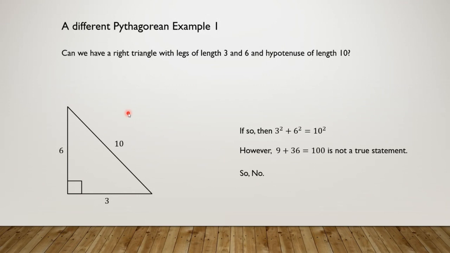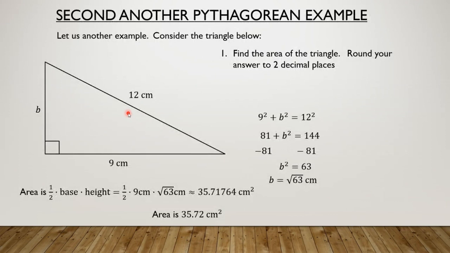Can you go back? I'm sorry. That's okay. This might sound like a very stupid question, but how do you multiply that 1/2 times the 9 times the 6? What do you mean, how do you multiply it? Like, do you multiply like 0.5 times 9 centimeters?